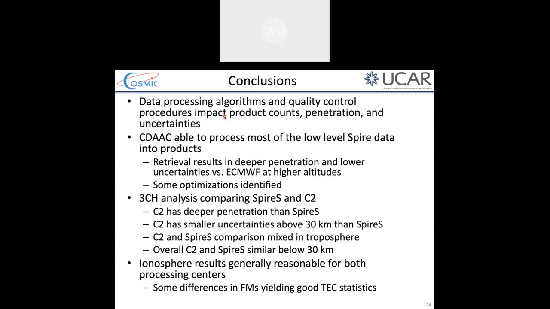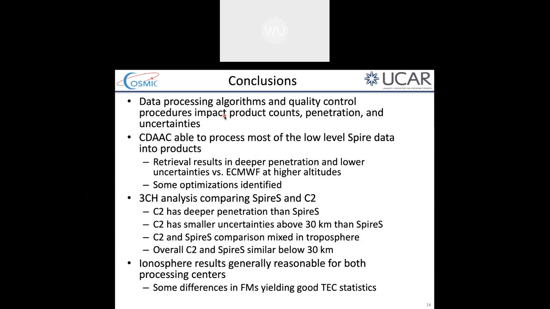In terms of our in-house processing, we are able to get most of the Spire data to be generated into useful products. We find that our penetration is a bit higher, or lower in altitude, I should say. And our uncertainties are a bit lower, in particular at the higher altitudes, than the Spire product.